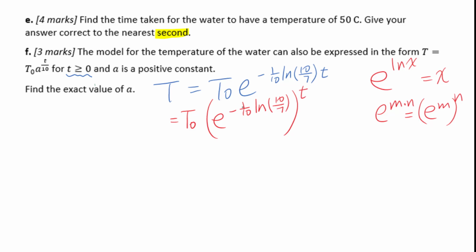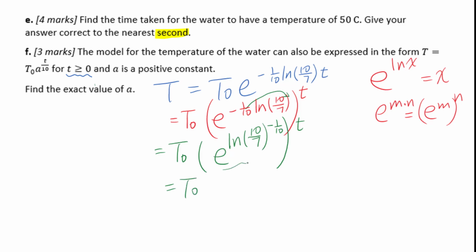We will make the negative 1 over 10 jump as an exponent. So we have T sub 0, e to the natural log of 10 over 7 to the negative 1 over 10th power, then to the tth power. T sub 0, inside we will get 10 over 7 to the negative 1 over 10th power, to the tth power.